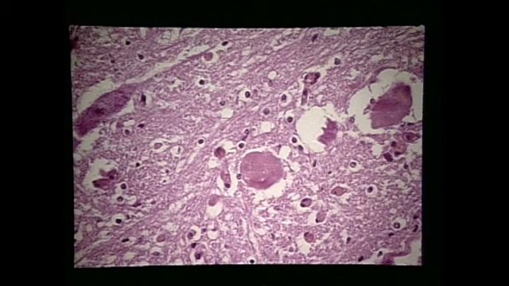Here is a scenario where one can see edema and chromatolysis of neurons, loss of nuclei, no reaction basically, so it's truly a degeneration of neurons. And here is the associated muscular atrophy with the girdle and the hind legs.